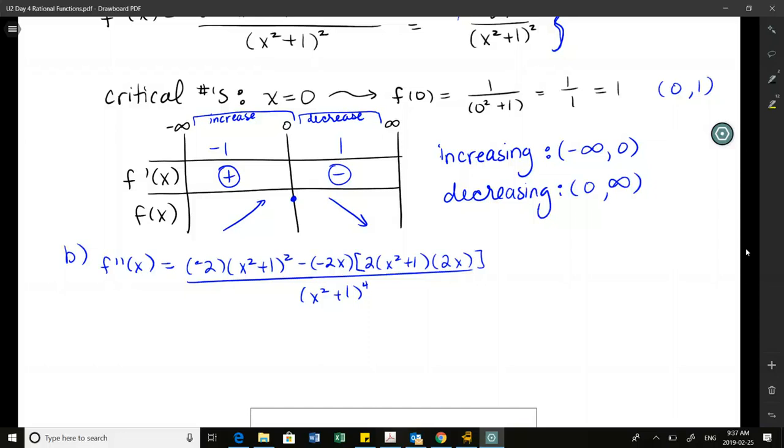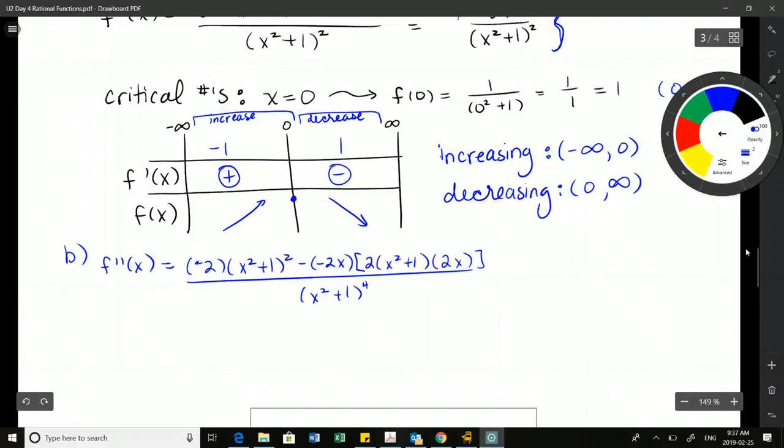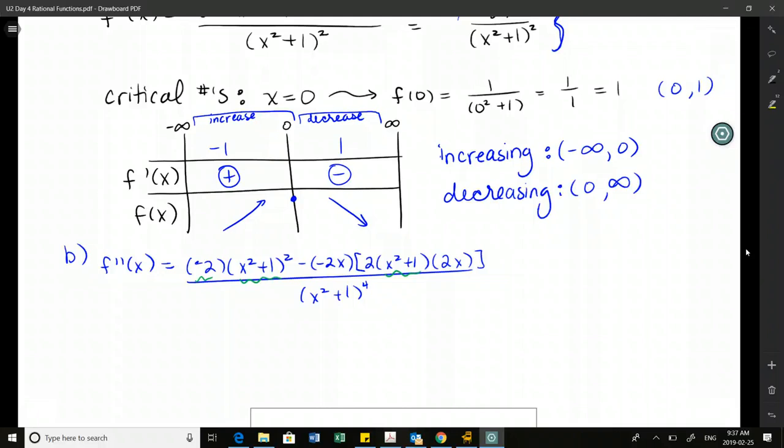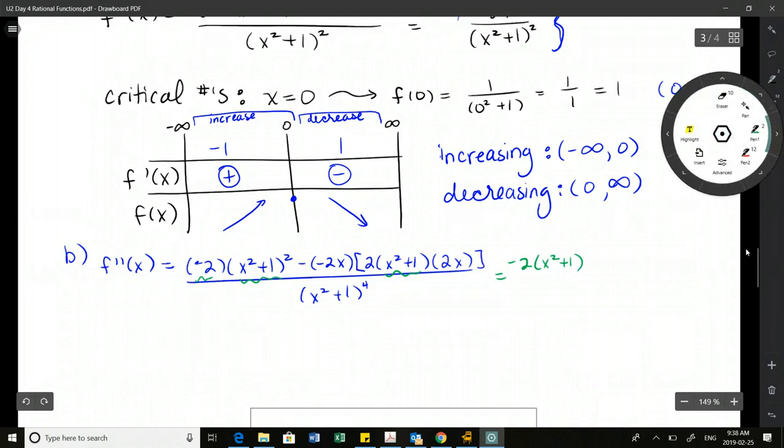So usually what I like to do before I start expanding and simplifying is actually just look on the top and see if there's any common things that I can maybe common factor out to make my life easier. So do you guys see any common things on the top that we can maybe take out? There's a -2, potentially, that we can take out. There's also x squared plus 1s, so I can take out one of those. So maybe we take out a -2 x squared plus 1, and then we write what's left.